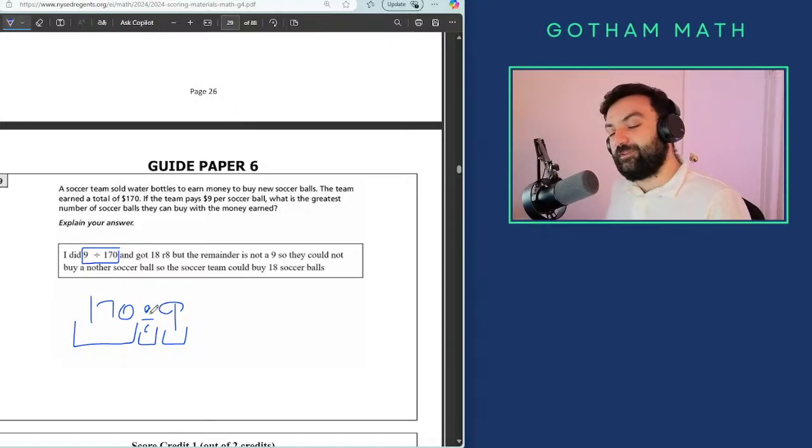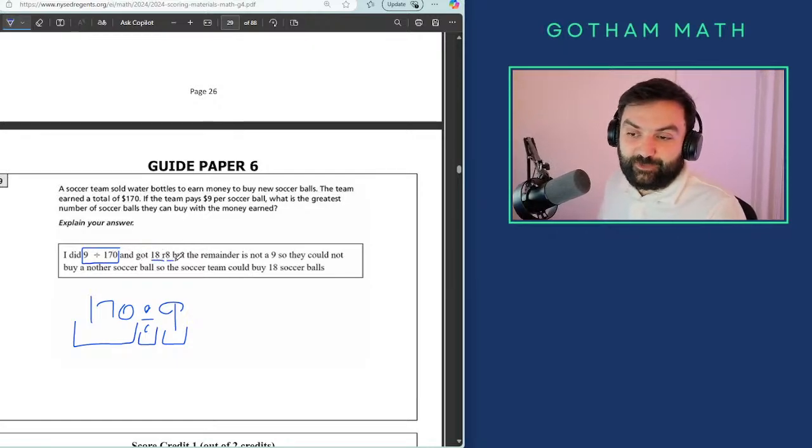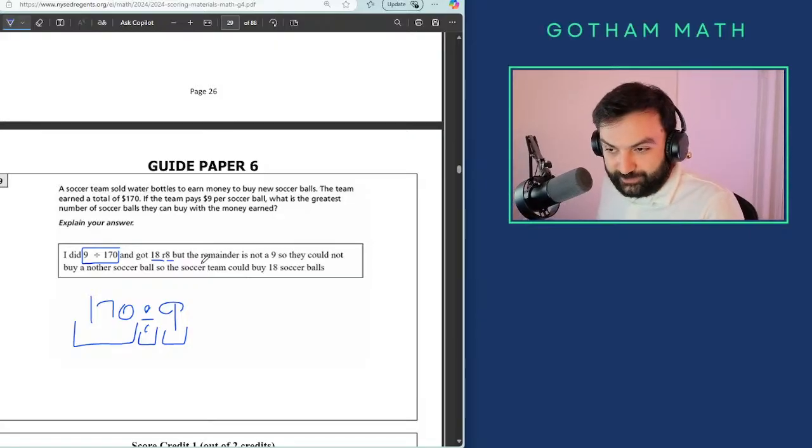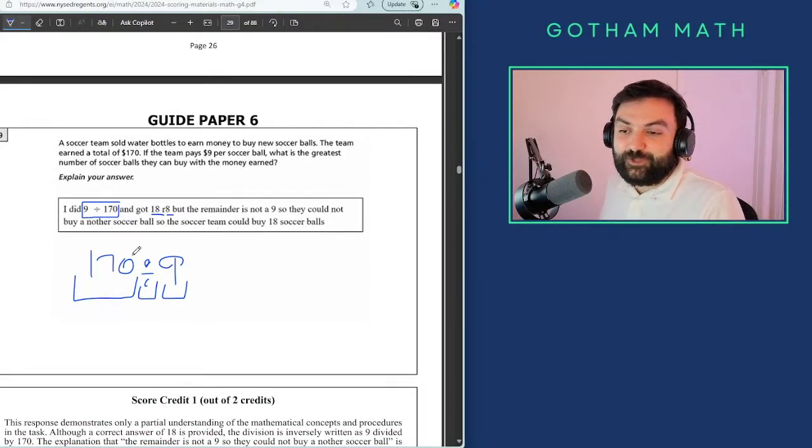But you don't know how many times I've heard people getting confused. So 9 divided by 170 is wrong, and they got 18 remainder 8, which is true. So the answer is kind of true, but 9 divided by 170 is not the thing. You're splitting 9. I'm not surprised about that at all. Okay, moving on.